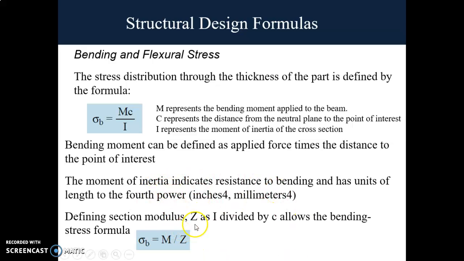Defining section modulus Z as I divided by C allows the bending stress formula, which is stress equals M over Z.